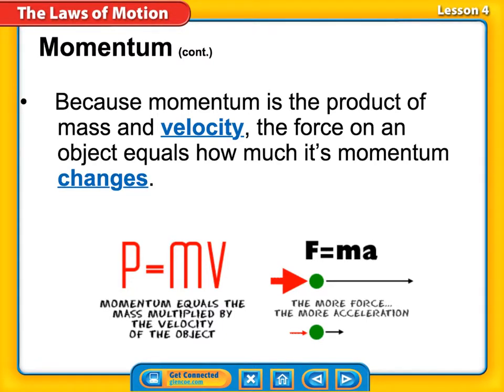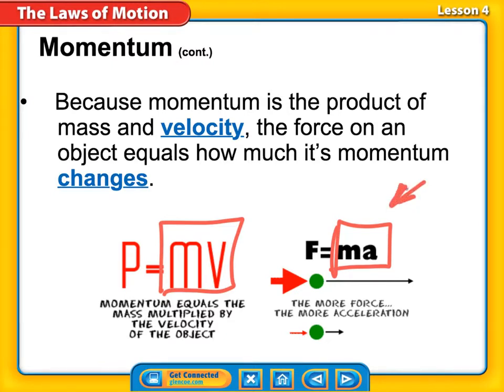If momentum is the product of mass and velocity, and force involves mass and acceleration, we're talking about how momentum changes because of the force. Momentum and Newton's second law are very closely related, and it's closely related to Newton's third law, like we said.